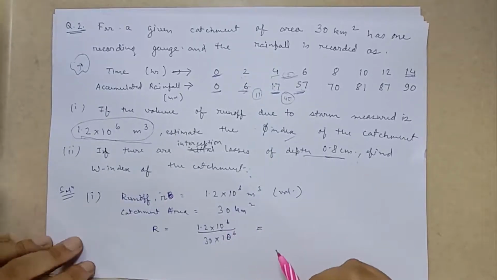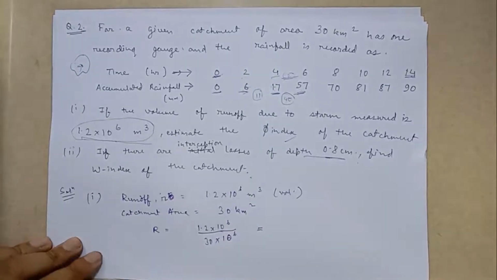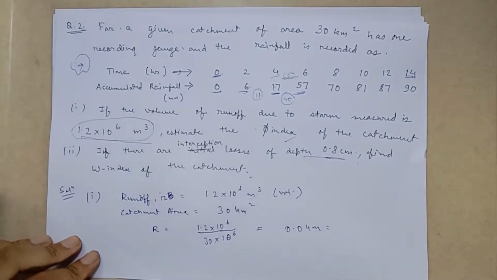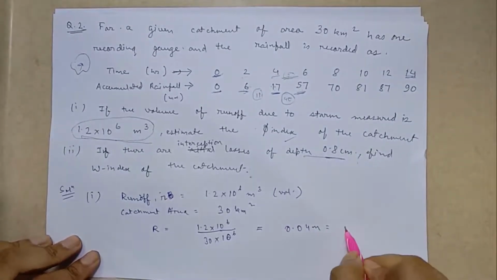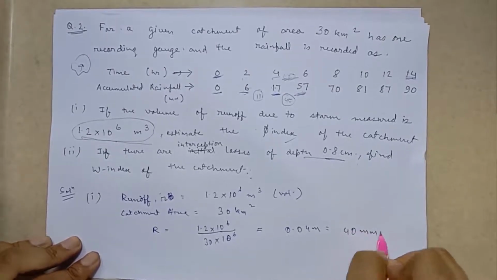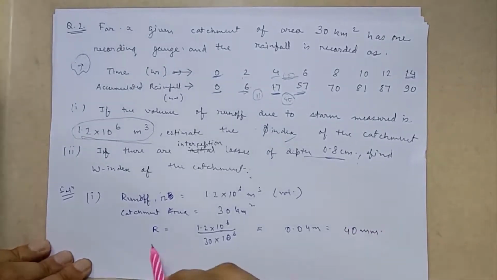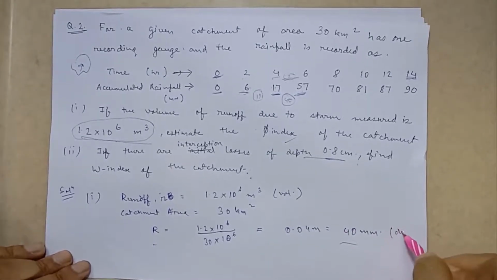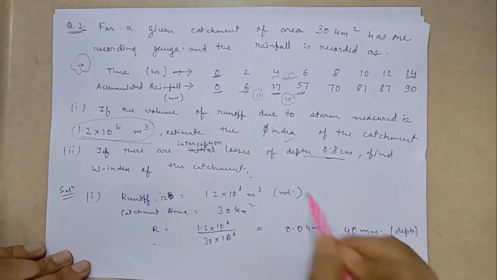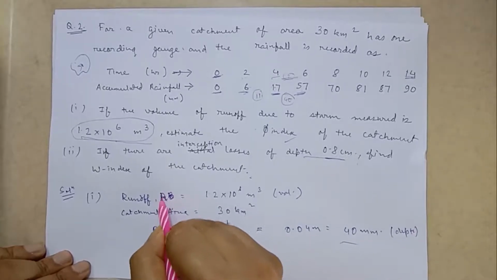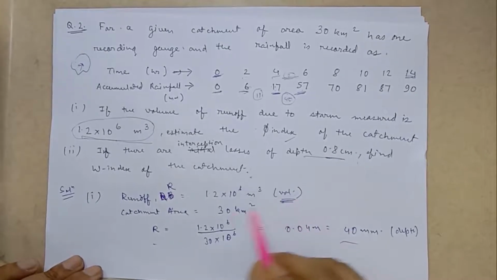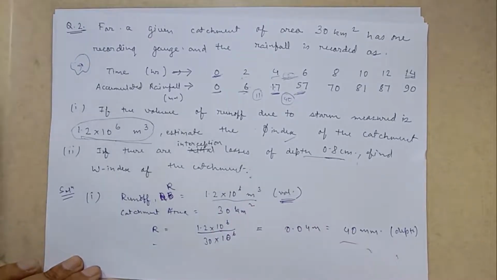So the answer is coming out to be around 0.04 meter, which is equal to 40 millimeter. So this is our runoff in terms of depth. Previously it was in terms of volume. Okay, let's write it as capital R only. It was in volume, and now we have calculated in depth, because most of the calculations will be on the basis of the depth.